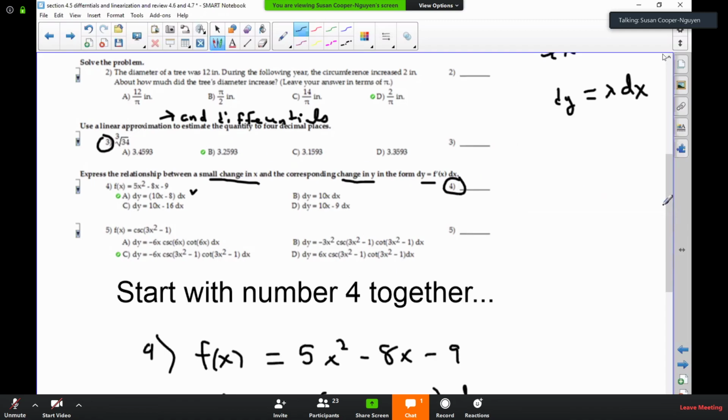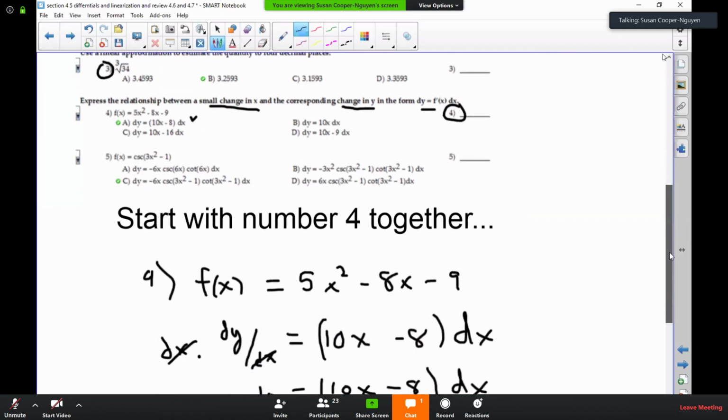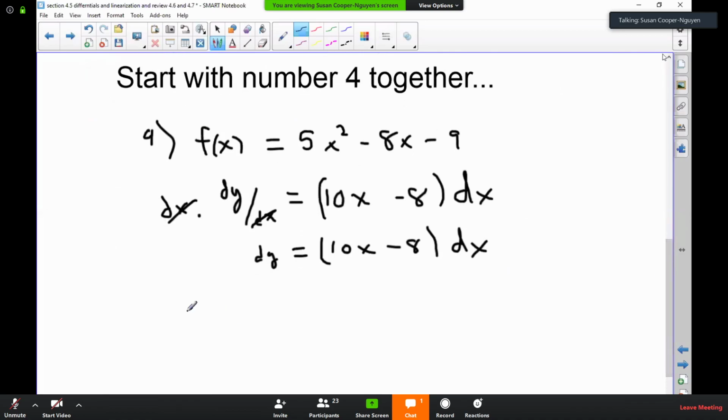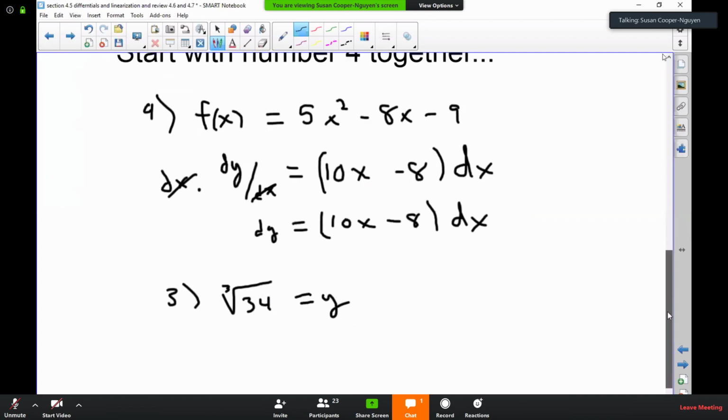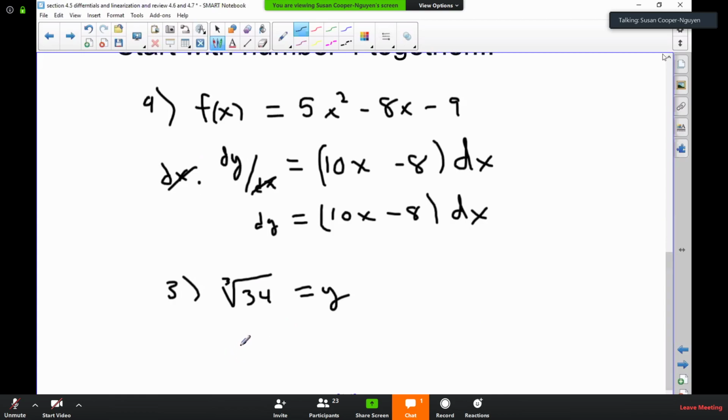So let's see how that works for number 3. It's kind of interesting. I'll rewrite it down here. We're interested in the cube root of 34, right? And that's not a perfect cube. So I'm going to call that y. My question is, what is a perfect cube that is near 34?